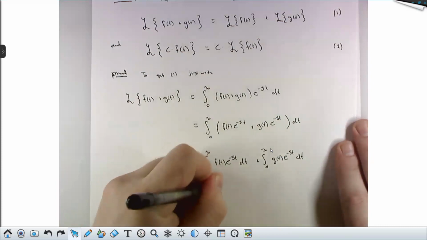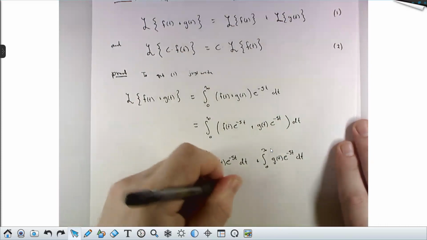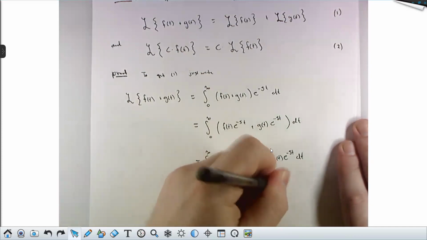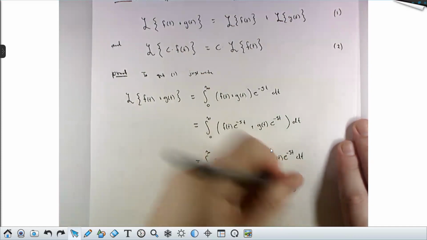This is the Laplace transform of f of t. And this is the Laplace transform of g of t. So we've proved one.